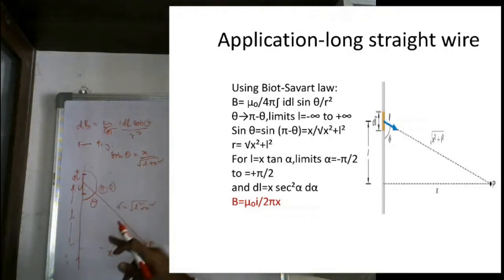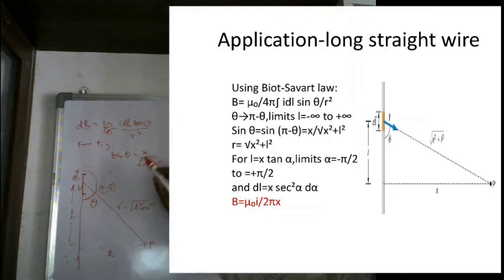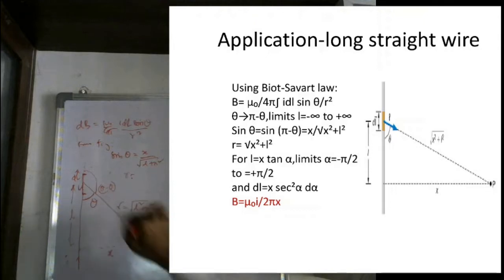Now you put this here, along with r, which according to the properties of triangles is simply L square plus x square.